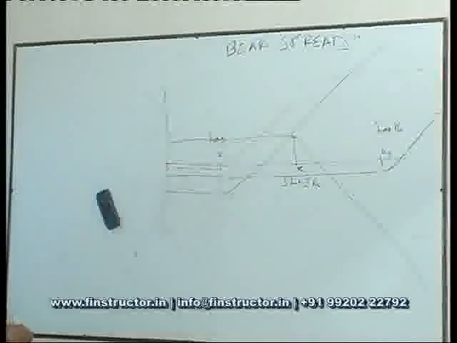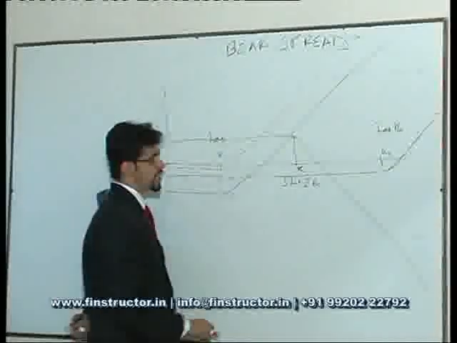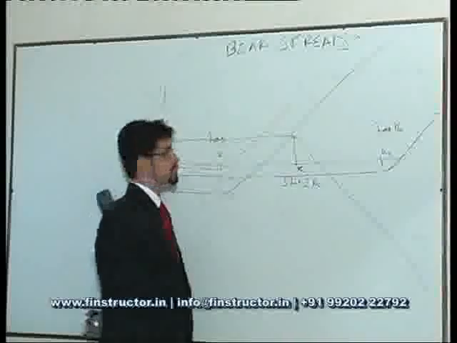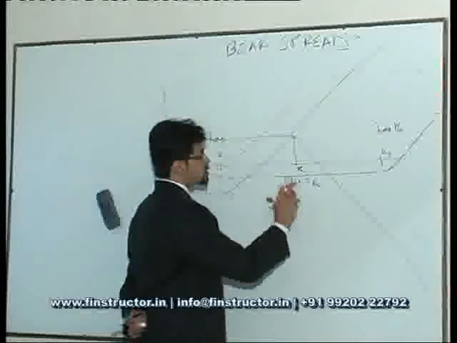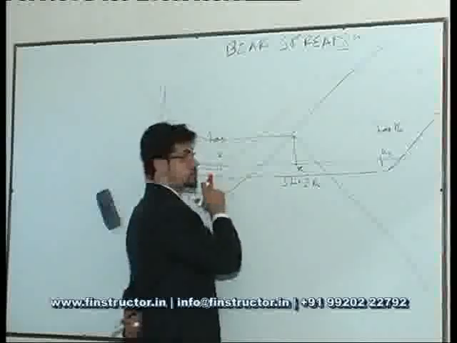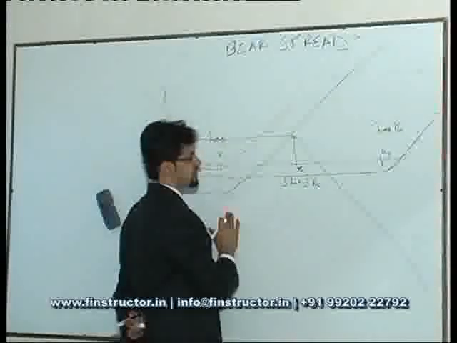This will happen till the time I reach K2. As soon as I reach K2, I've short 2 call options here. I'm still making profit on my K1 which I was long, to the extent that the spot is higher than the strike.